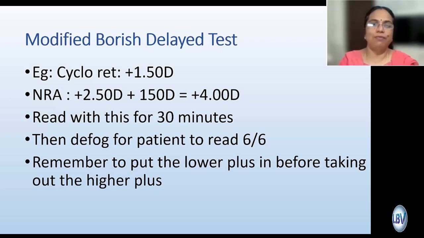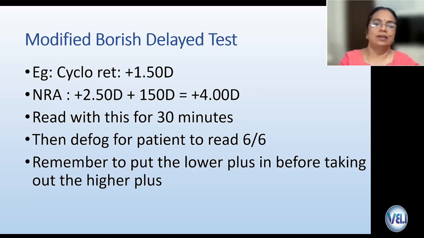So I put +4 diopters in front of the patient's eyes. I make them read for 30 minutes a target which is at 40 centimeters, okay? Because we are thinking NRA at 40 centimeters, 2.5 diopters. So the target is kept at 40 centimeters and the patient is made to read with the +4 for 30 minutes. Basically what we're trying to do is relax the accommodation as much as possible.